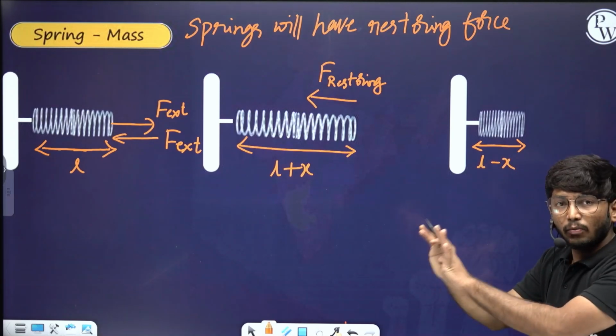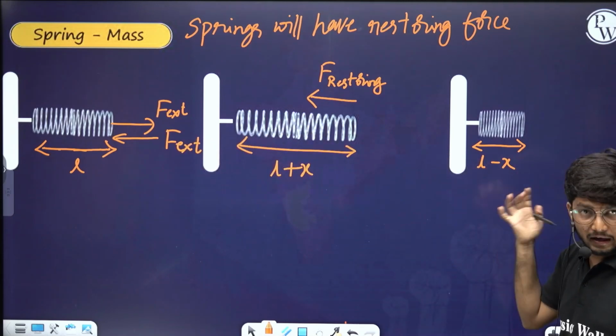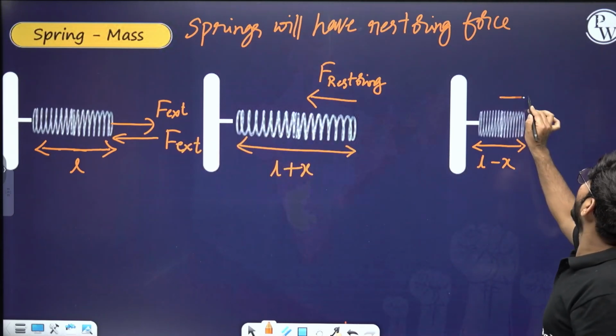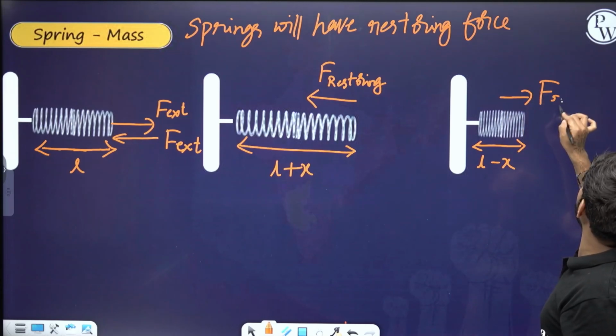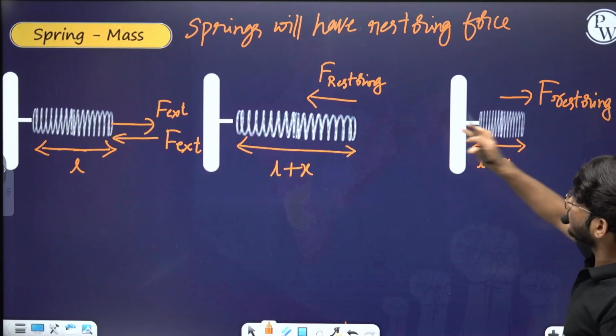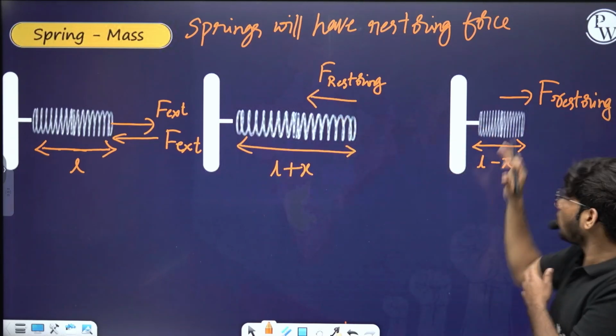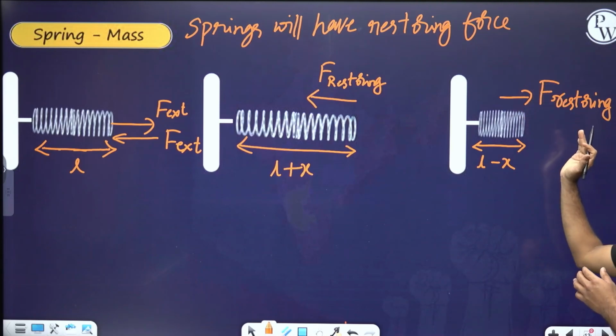So in that case, the moment you take off this F external, the spring will come back, right? So it will come back because of the restoring force in it. Observe guys, here this restoring force is opposite to the displacement. Here also this restoring force is opposite to the displacement.